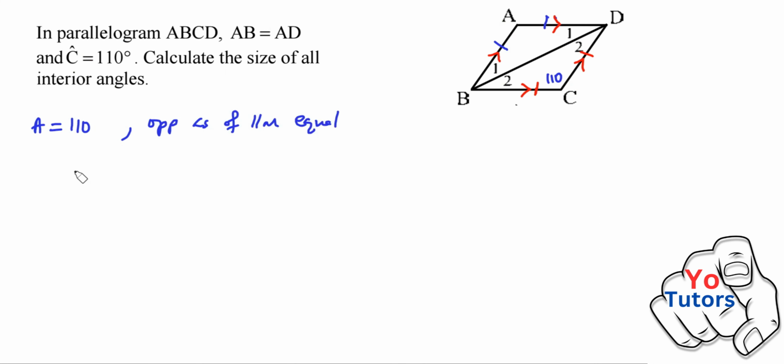Now, what's next? What we also see is that when we look at the angle here, this one 110, we can also find D1 and B1. So we can now say B1 is equal to D1. Why are we saying that?